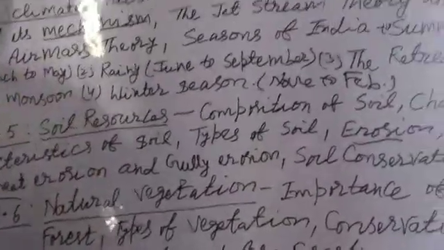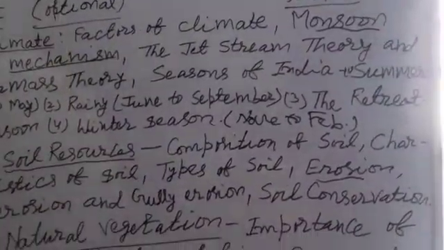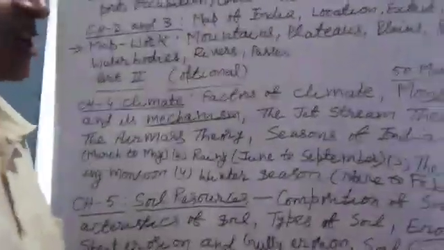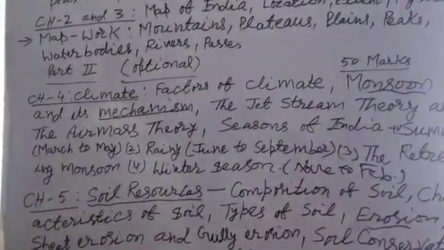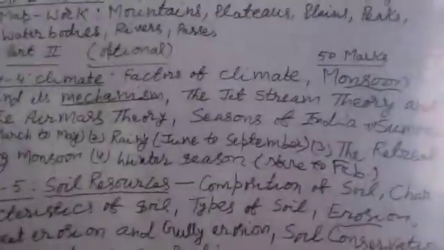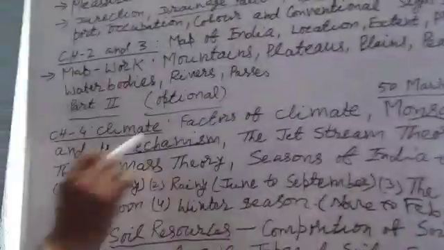Monsoon and its mechanism. The seasonal reversal of wind direction is called monsoon wind. Mechanism of monsoon depends mainly upon two theories, the jet stream theory and the air mass theory.